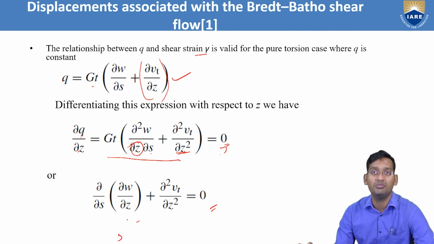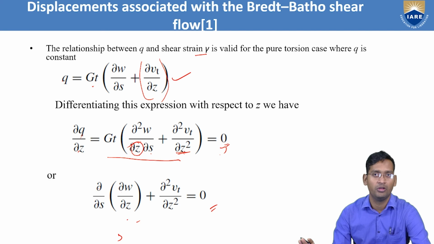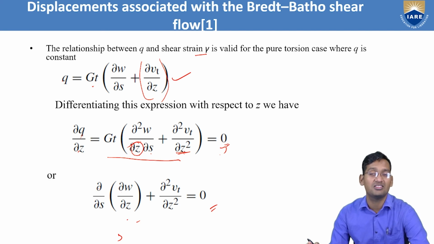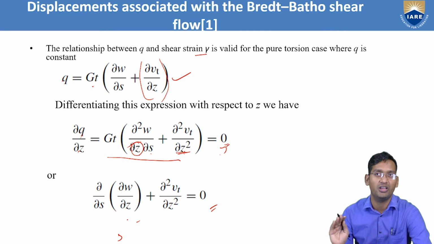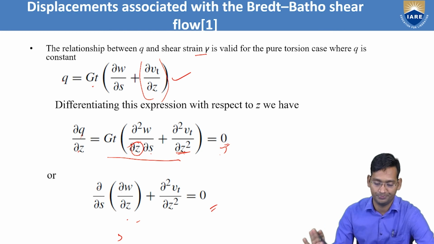So don't confuse with the name, just see what we actually have to find. If they mention Bredt-Batho, it's easier. If not, and they simply mention displacement associated with the shear flow, then also you have to derive the Bredt-Batho formula only.